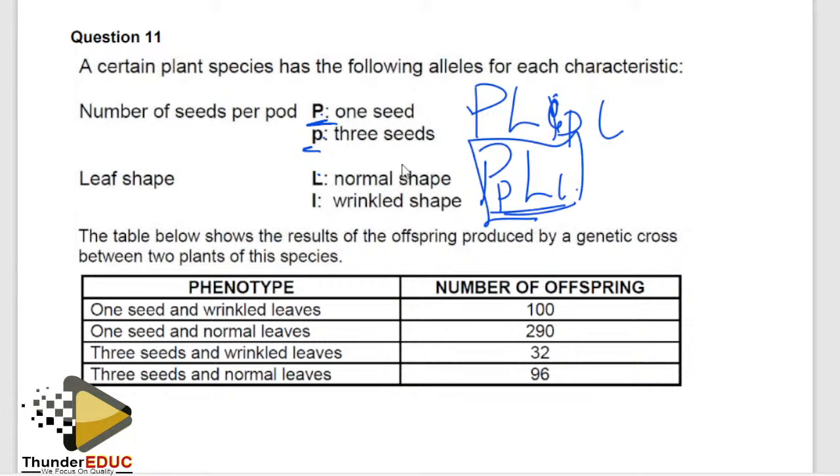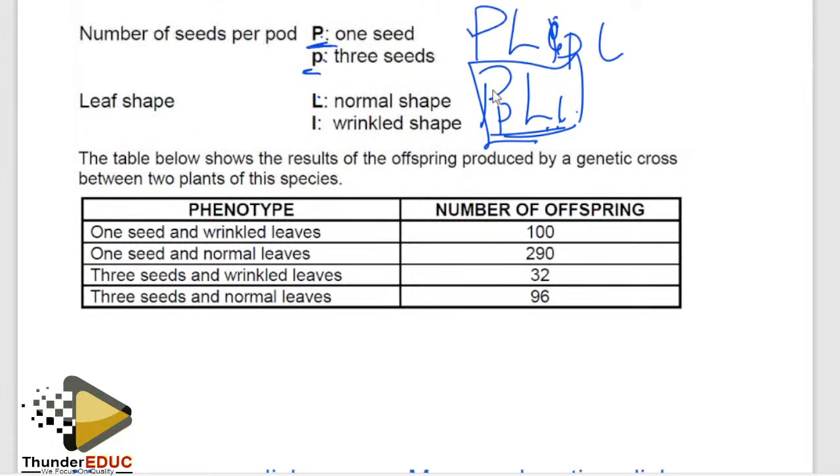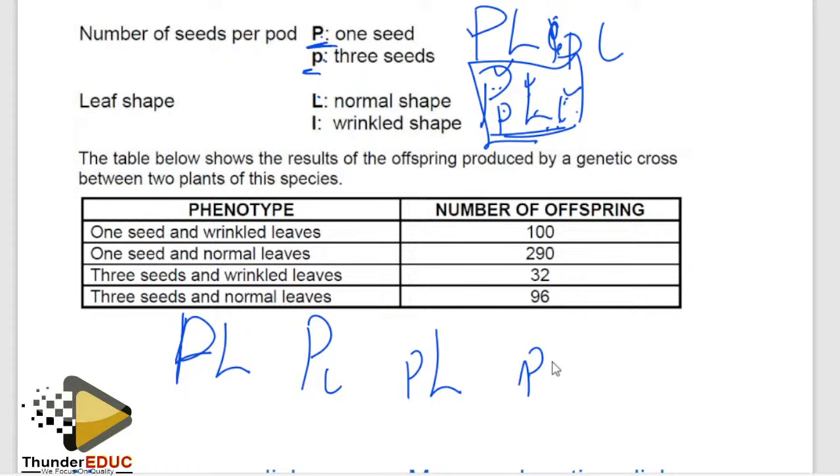I'm just trying to show you how you identify. And if they ask you to identify the gametes from here, it is still fine. You will say that P goes with L: capital P, capital L. So this one and this one is done. Now P again with the small l, capital P, small l. So it's done. This with this now, small p, capital L. Then this with this, small p, small l.